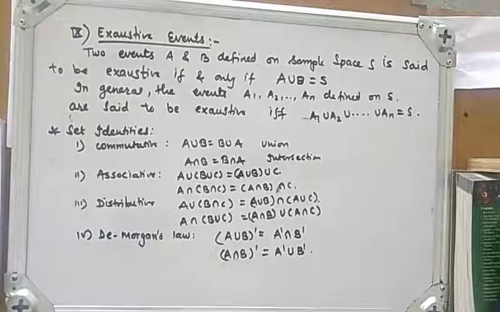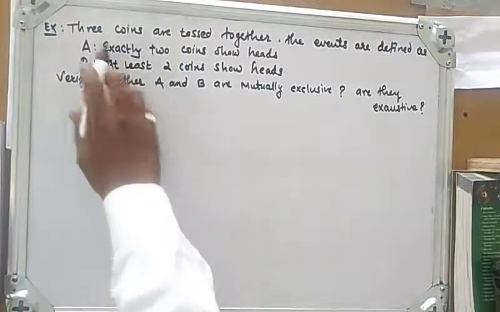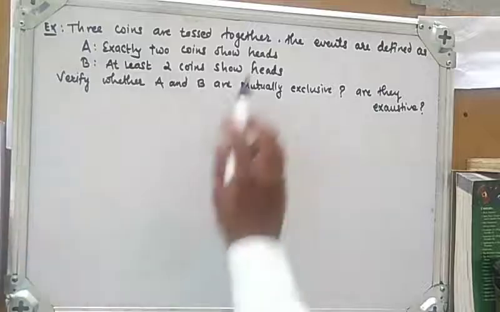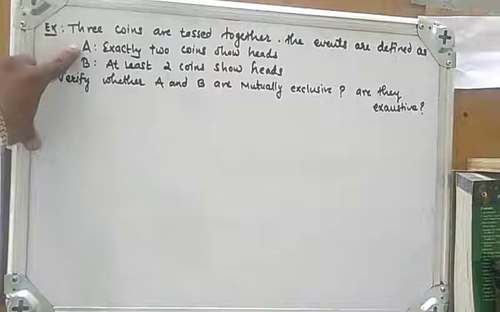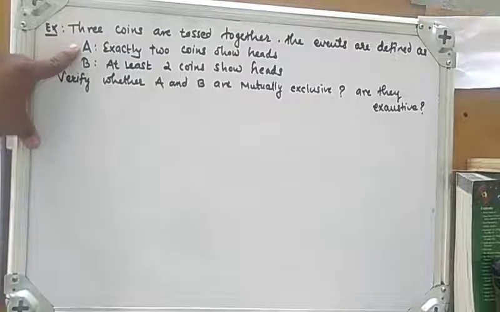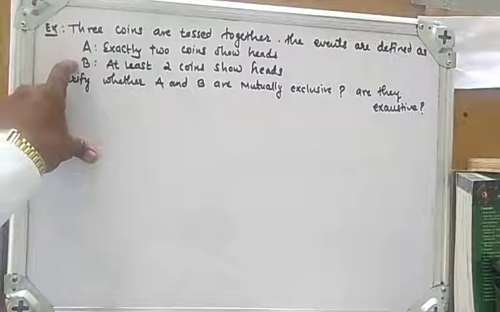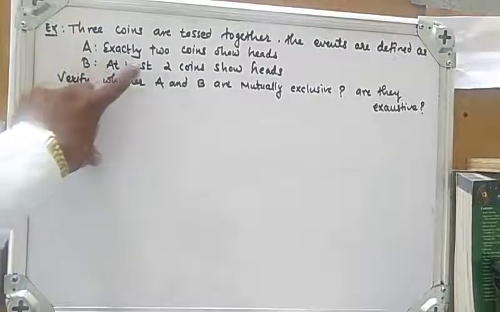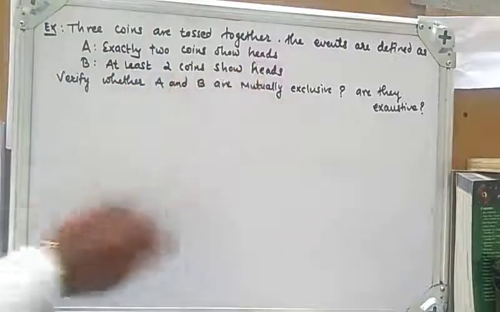Now let's see the examples from the exercise. Three coins are tossed together. The events are defined as: A is the event that exactly 2 coins show heads, and B is the event that at least 2 coins show heads.